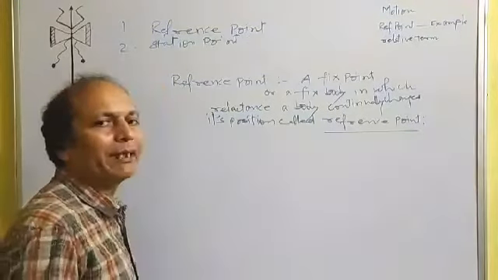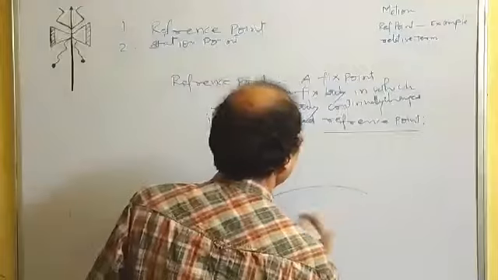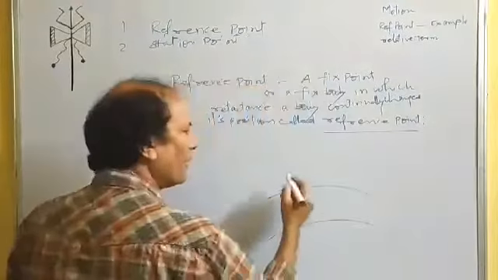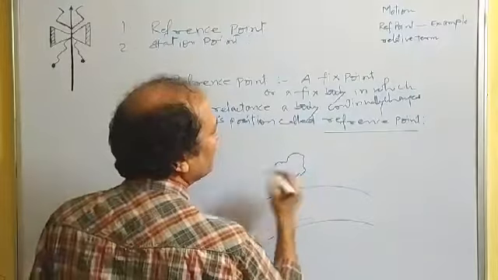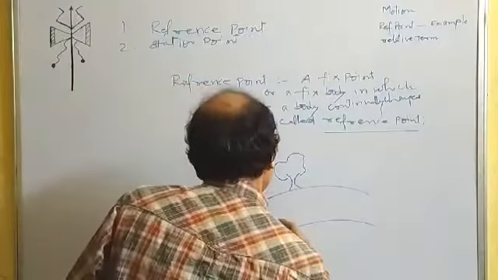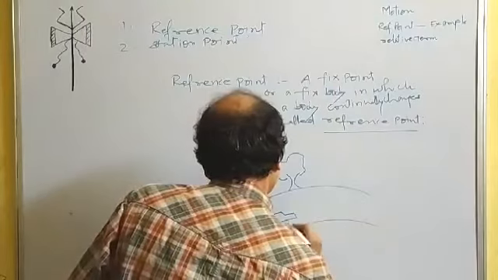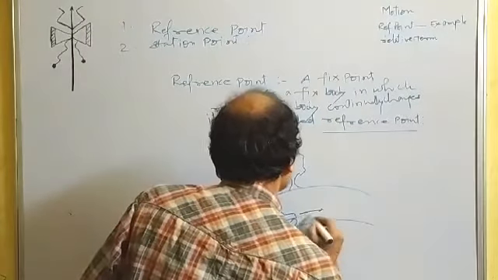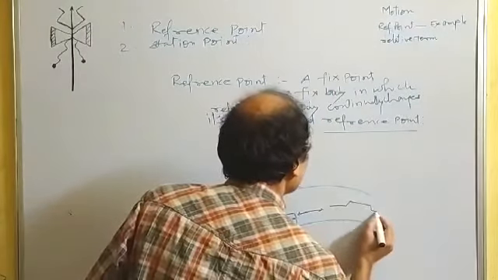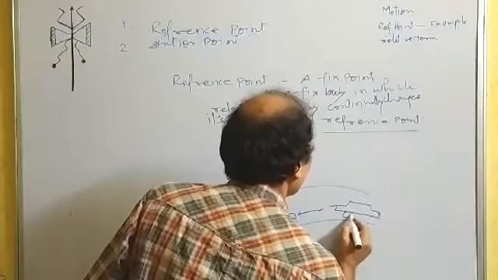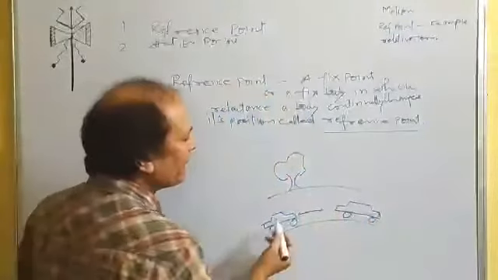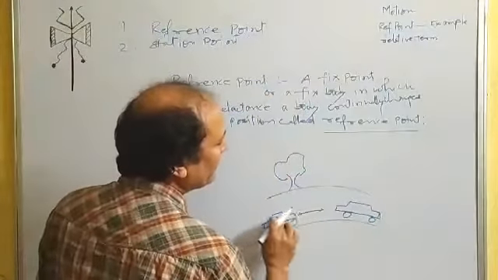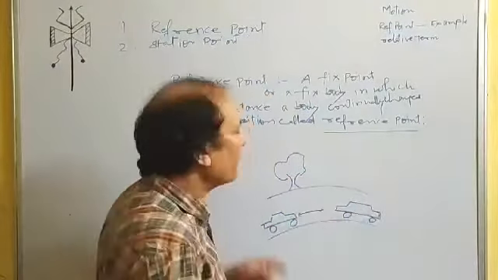For example, I previously explained to you that suppose it is a road and it is a tree and a car is going. So I told you here that this car is continually changing its position.